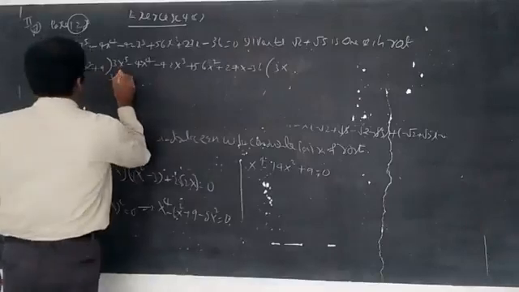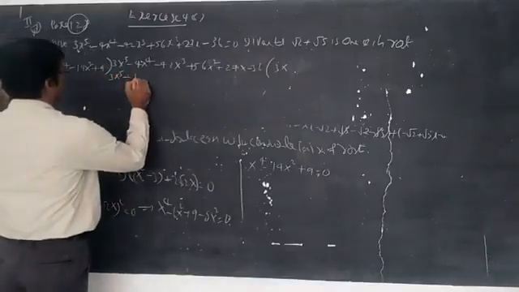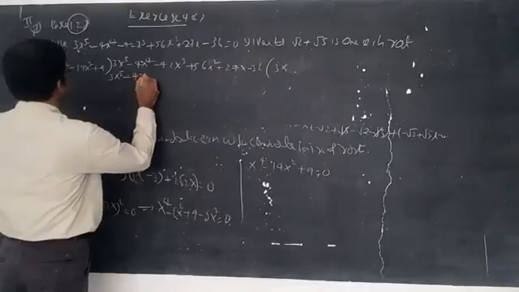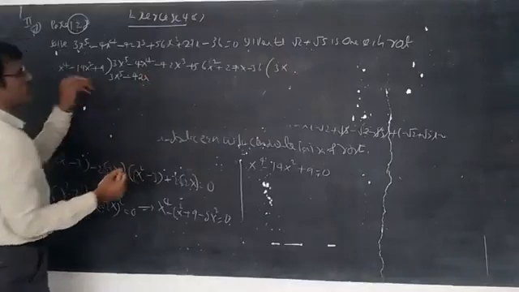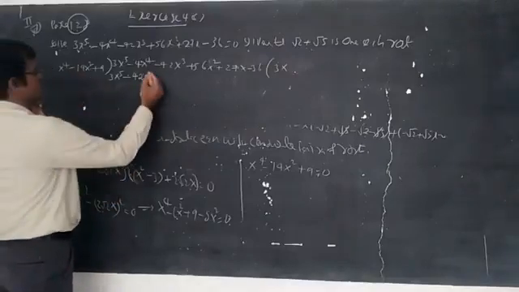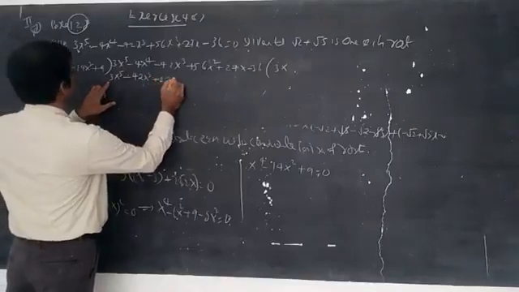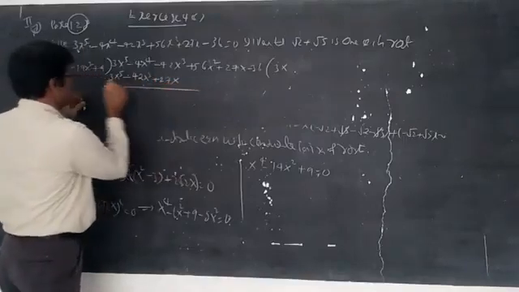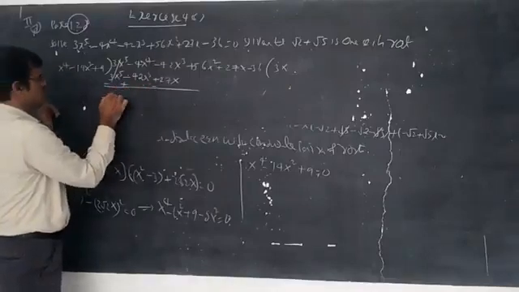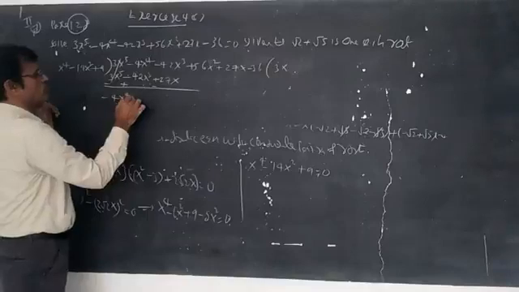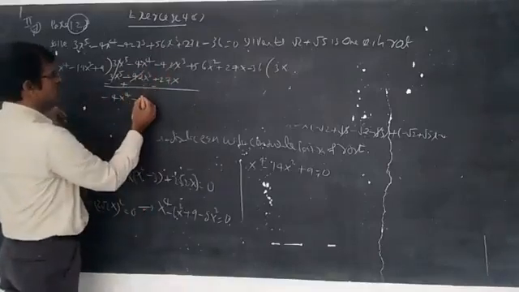Multiply here, it becomes 3x power 5 minus 3 14s are 42x cube, plus 9 3s are 27x. Subtract here: this is minus becomes plus. So minus 4x power 4 you should write. Minus 42x cube and plus 42x cube will be getting cancelled.